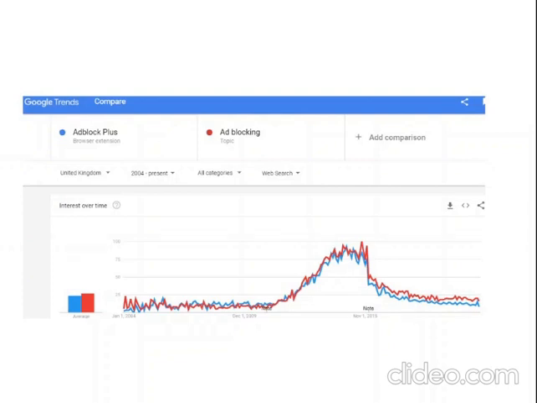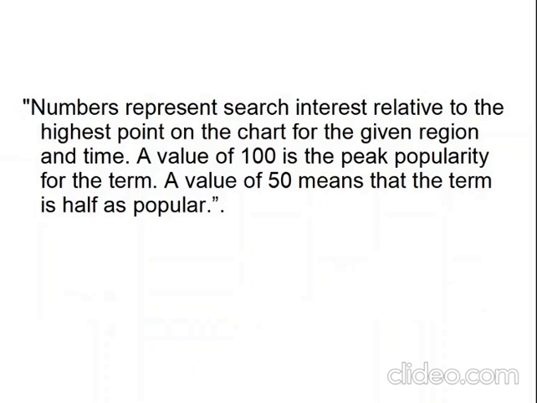And then a decline started around 2013 approximately in the relative search interest. So that's just some guidance on how to interpret the Google Trends data.